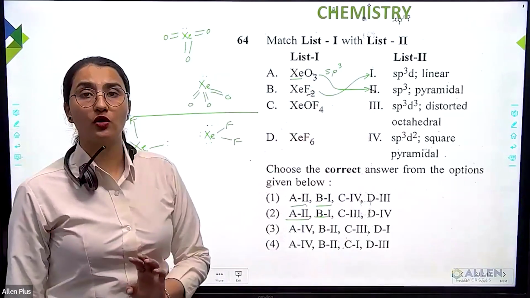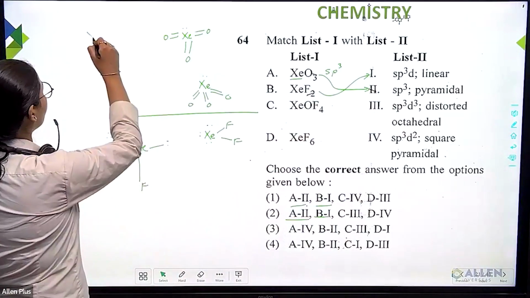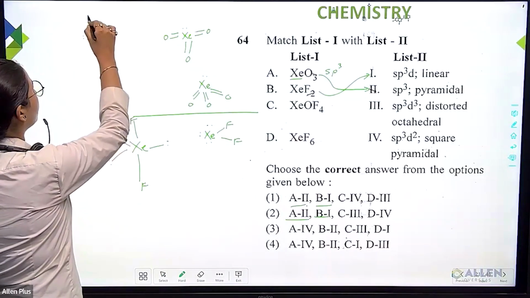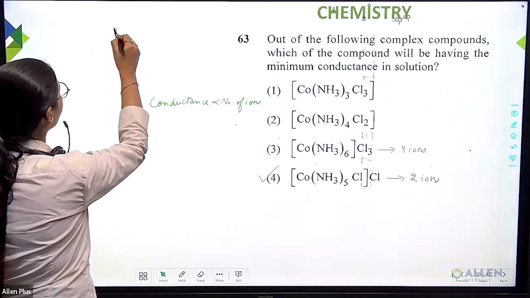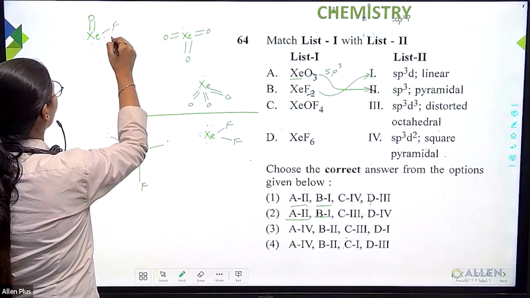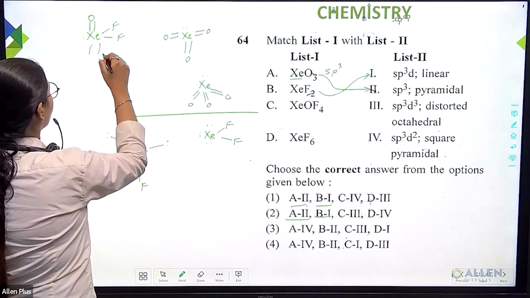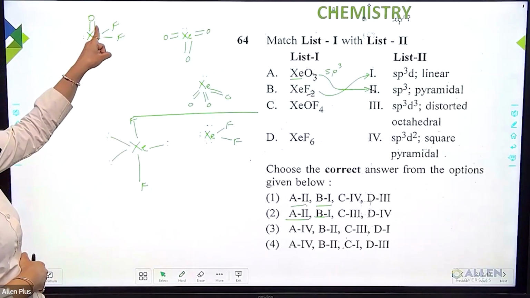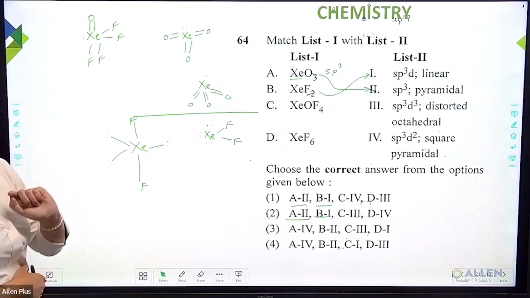Next is XeOF4. So see, Xe has 8 electrons. With O, it will make a double bond. With 4F, it's going to make what? Single bonds. So students, what's the steric number? 1 lone pair, 1, 2, 3, 4, 5, 6.